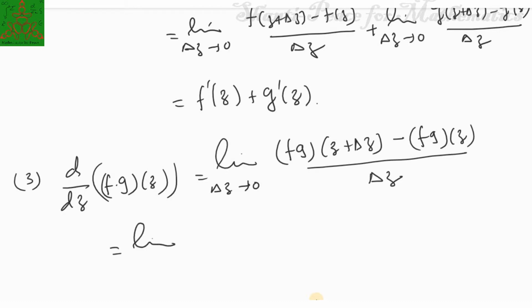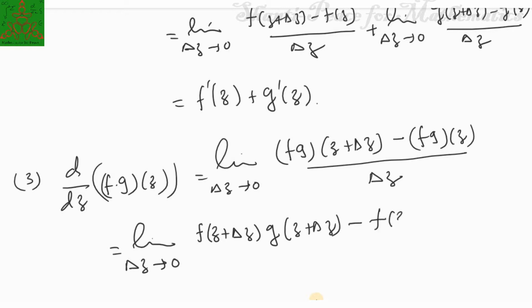So using the pointwise product of functions, we may write this as f of z plus delta z into g of z plus delta z minus f of z into g of z upon delta z.